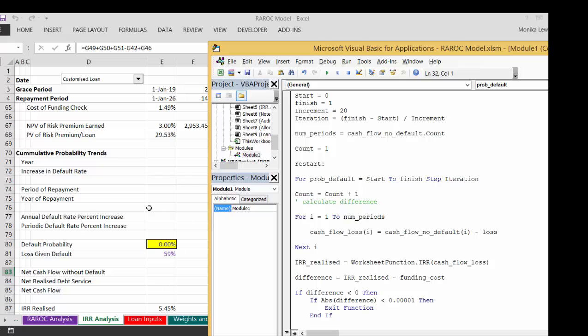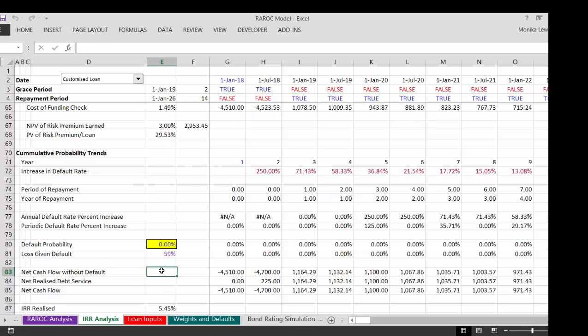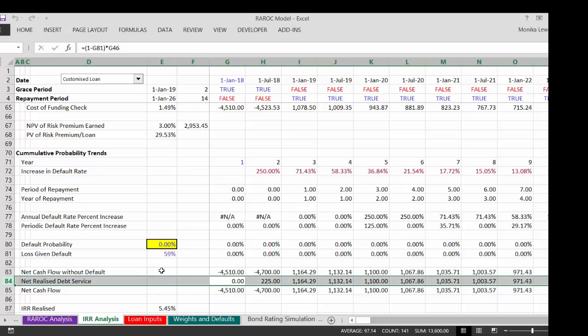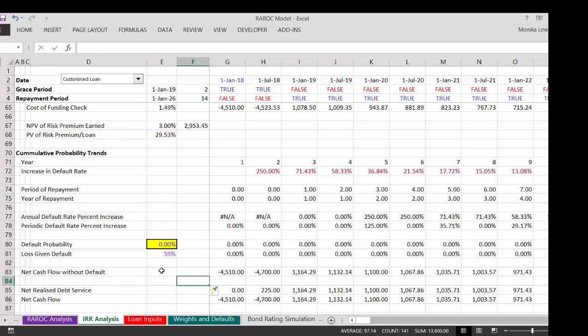And I suppose one other thing is try to make it as few inputs as you possibly can. So our loss, the amount of the loss, is the debt service we have.